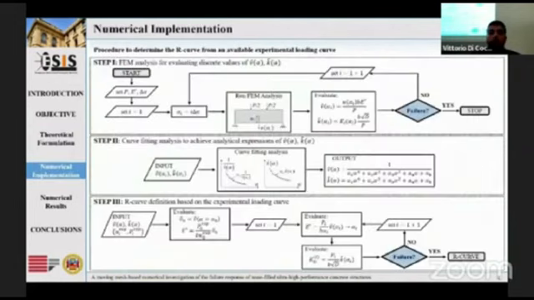Now, this slide shows the procedure for evaluating the R-curve, starting from an available experimental load curve. It consists of three different steps.